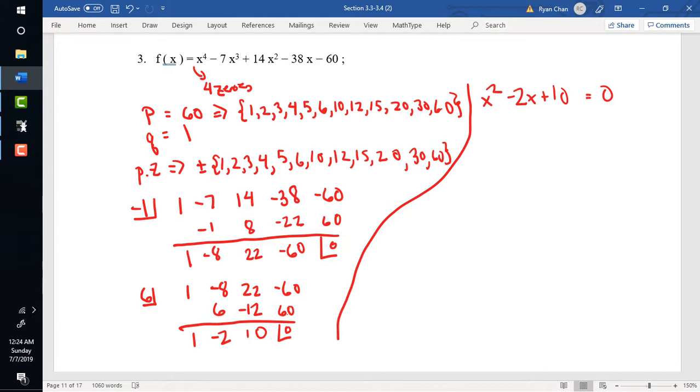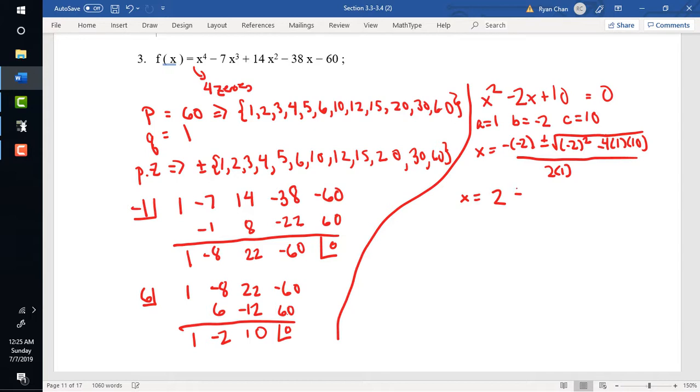So what are we going to use? Right, the quadratic formula. This can be a little tedious, but it will happen. So I'm kind of showing you what to expect here. So I have minus negative 2 plus or minus the square root of negative 2 squared minus 4 times 1 times 10, all over 2 times 1.